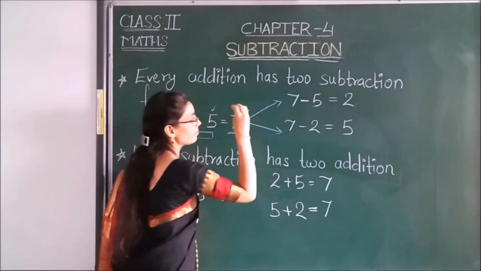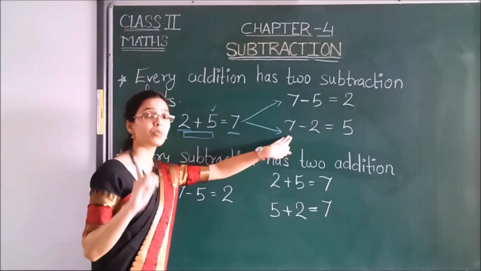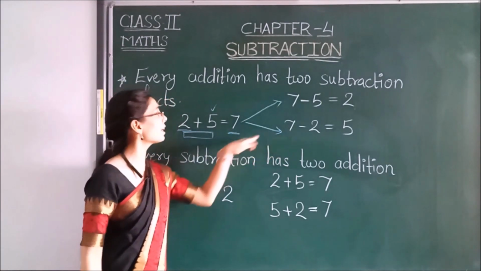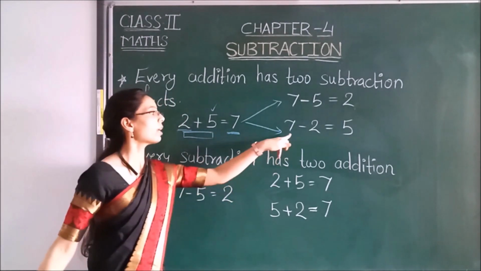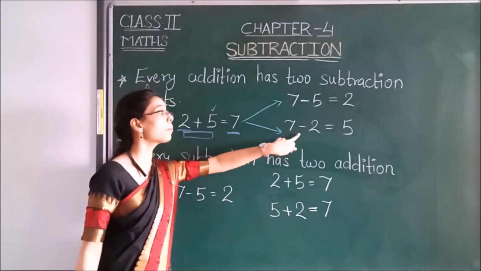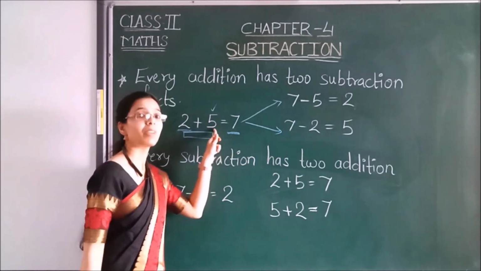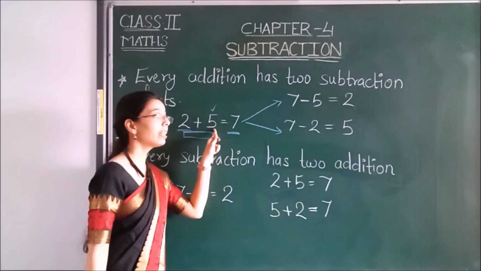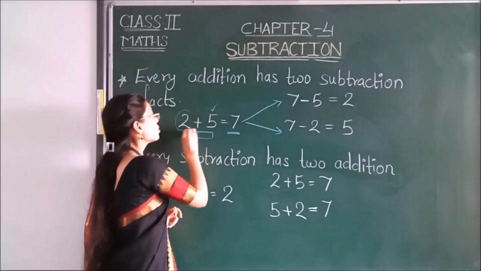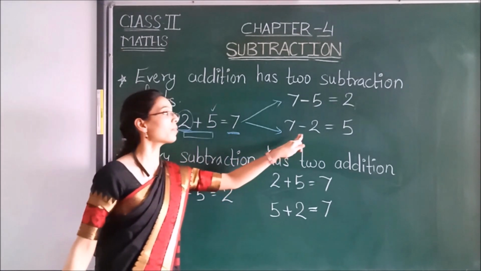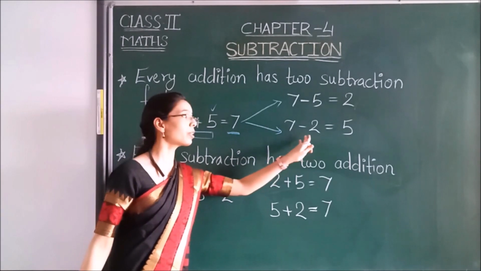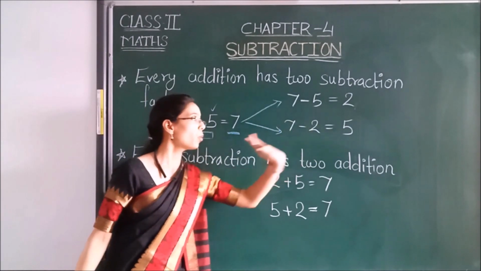Then the second. Again, first we will write the bigger number. Which is the bigger number here? 7. So write 7 here. 7 minus, we have subtracted 5 already, then we will take this 2. Equal to 5.